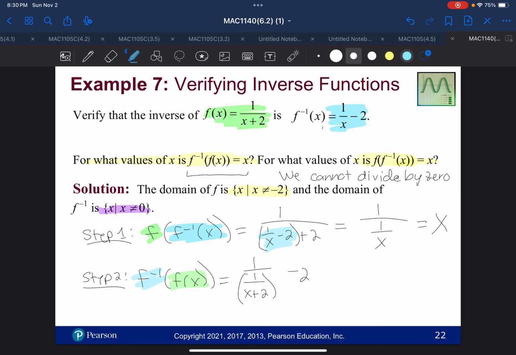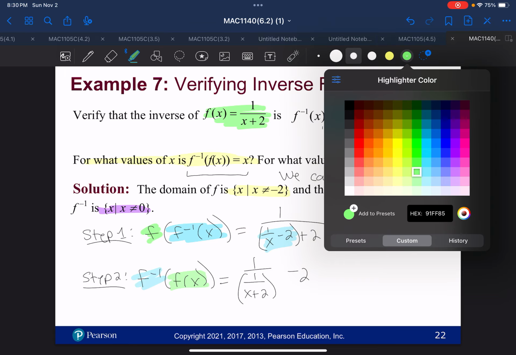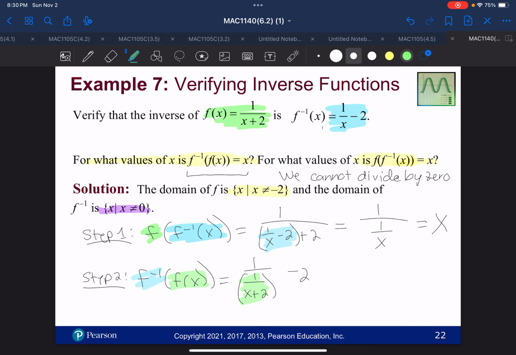So I plugged in my f of x for this x right here for the inverse function. Okay, so that first fraction I can keep, change, flip, and that will just leave me with x plus 2. And then I still have my minus 2, and so this is just x. So they are inverses of each other, but only for all values of x except for 0 and -2.